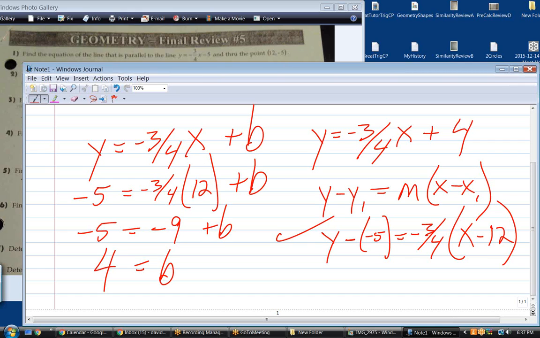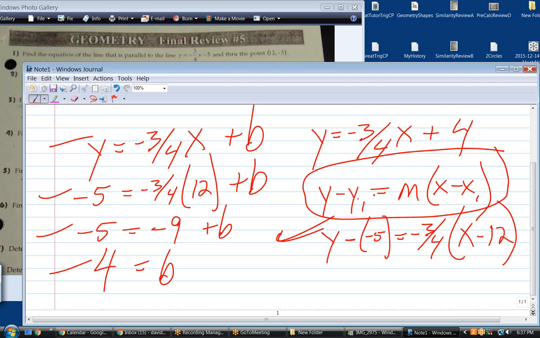Notice that this was 1, 2, 3 steps. This was one step. But in order to use this, you do have to remember that, and you have to know what y sub 1 and x sub 1 are, the coordinates of your point. And if you have 2 points, you can use either one of them.